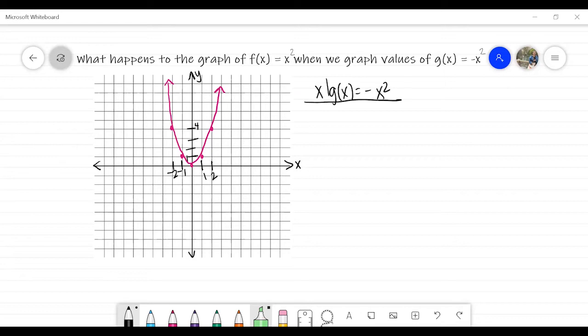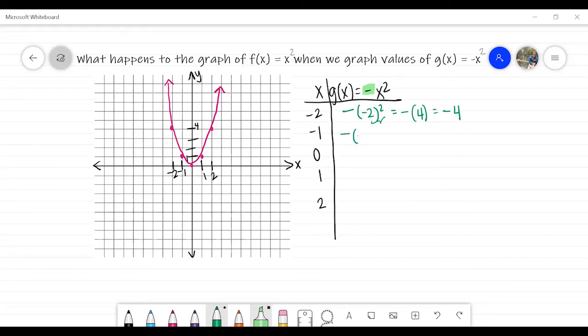Well, they're almost the same, right? The biggest difference is really this negative that sits out front. So if we were to plug in the same numbers, negative 2, negative 1, 0, 1, and 2, this becomes negative 2 squared, which, order of operations says we square first, so that's 4, and then negative second.